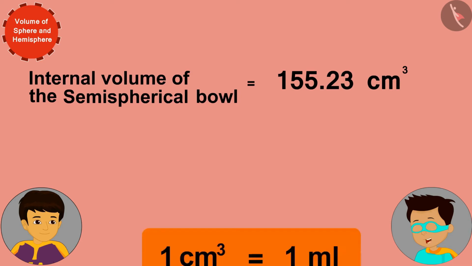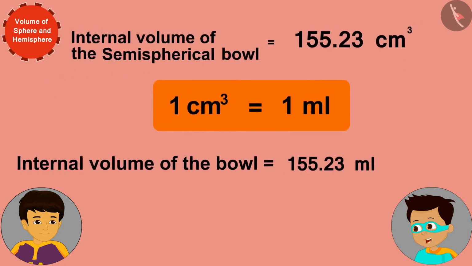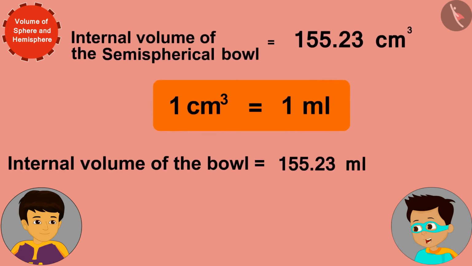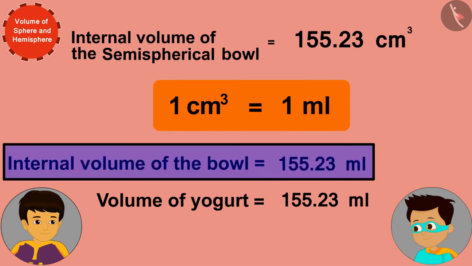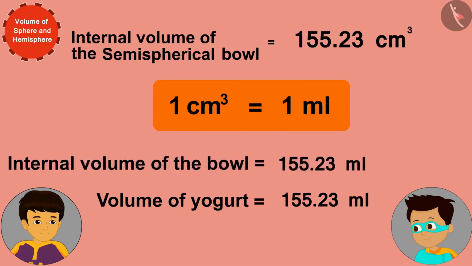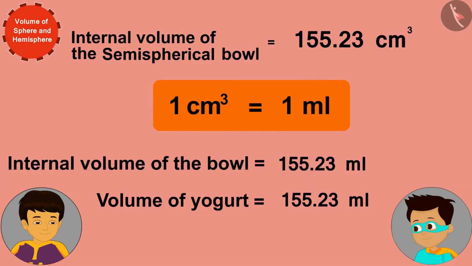And because 1 cubic centimeter is equal to 1 milliliter, we can say that the internal volume of the bowl, or the volume of yogurt, is 155.23 milliliters.